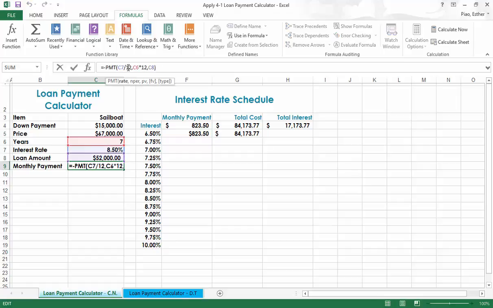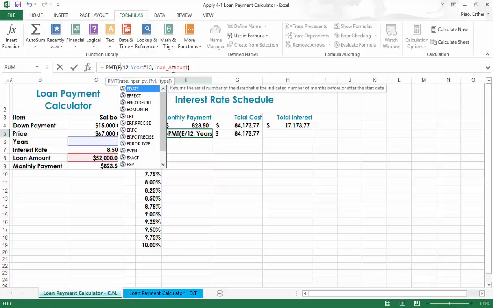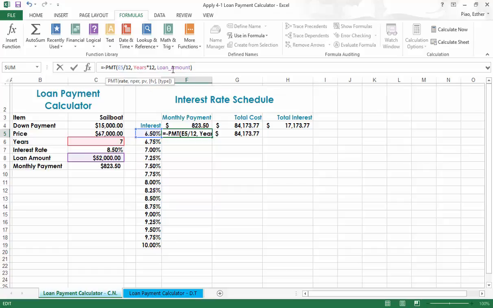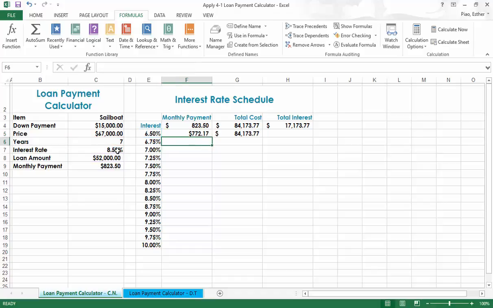Yeah, I shouldn't be using interest rate here. Instead, I should have used what's in E5, which is 6.50. You see, we are calculating a different amount of monthly payment based on this particular interest rate instead of this interest rate right here.